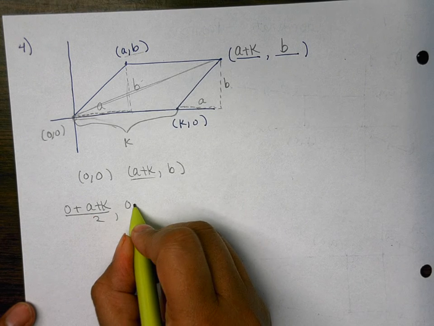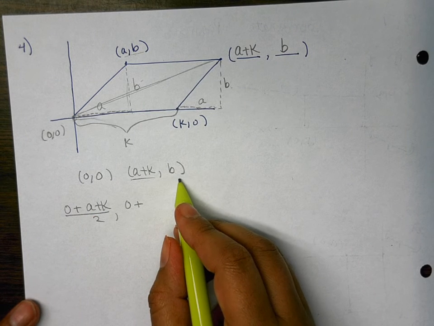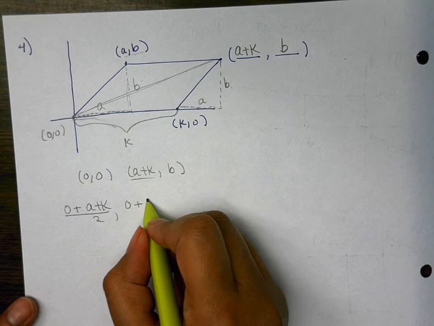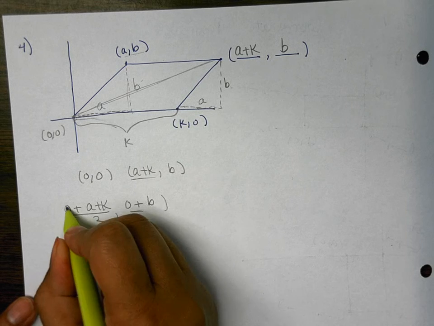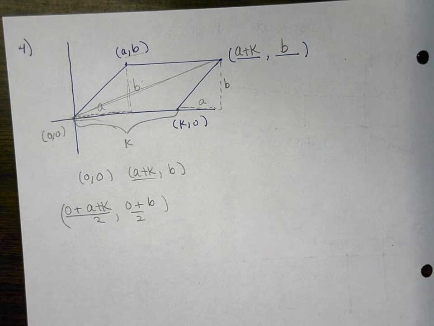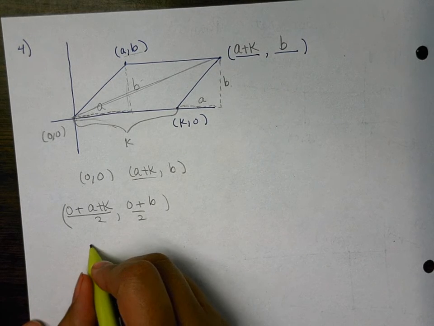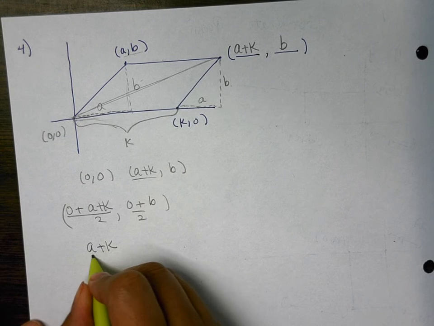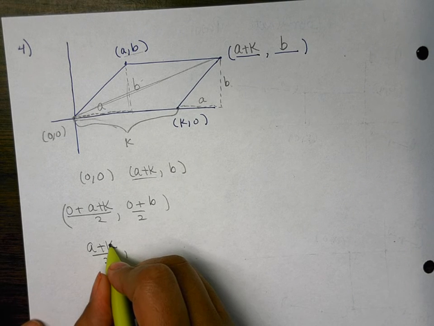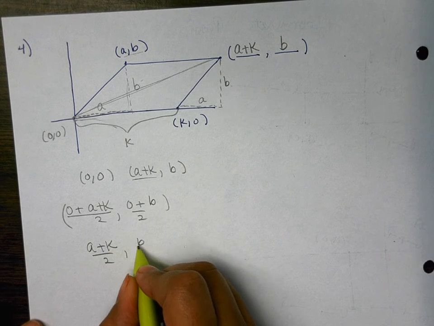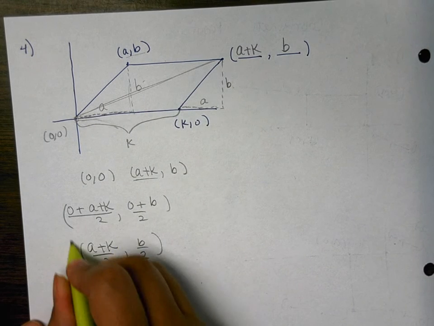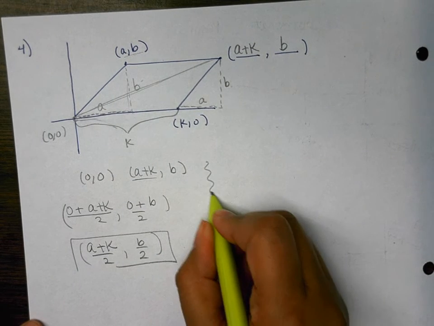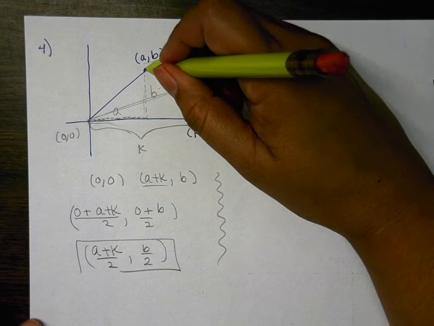A plus K, and then divide the whole thing by 2. And then 0 plus what? B. 0 plus B, divide by 2. What's 0 plus A plus K? A plus K. Divide by 2. And 0 plus B is just B. Divide by 2. All right.